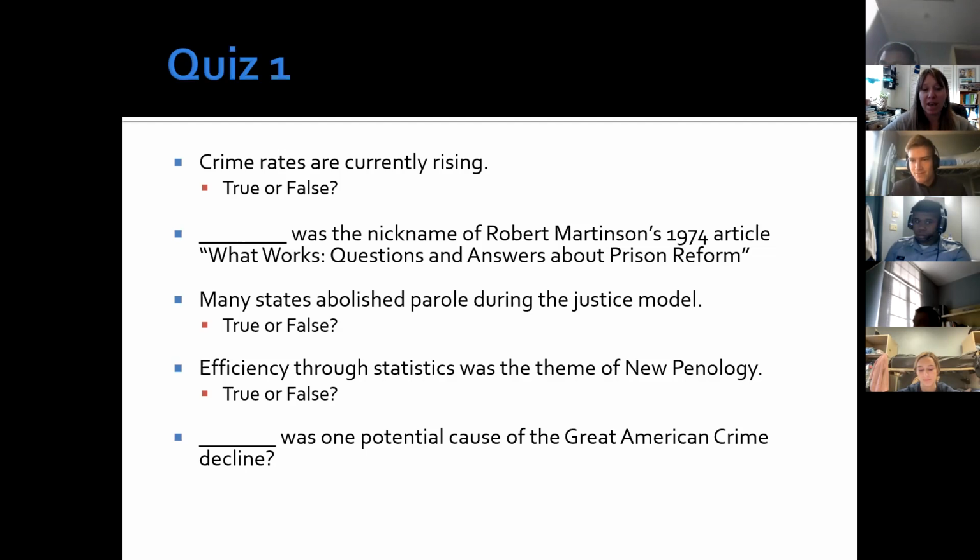Yes, ma'am. Yeah, so if I see that, I'll try to remember and give you half credit. But anything about incarceration, incapacitation, I will accept that. The only one I won't take is if you mentioned deterrence, because it wasn't the deterrent effect, it was just the incapacitation effect. All right, so Zach is our winner.